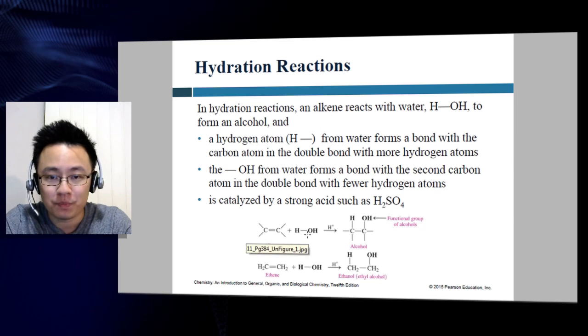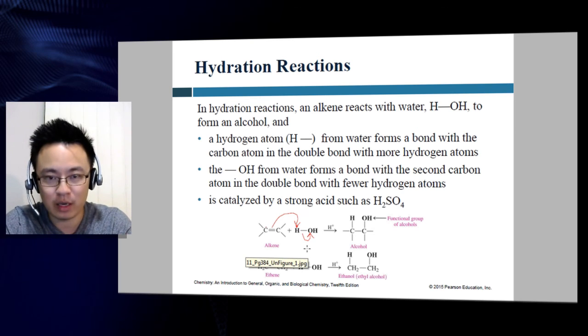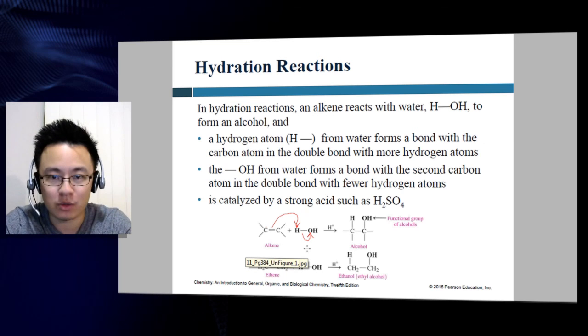So here we go. As you can see here, in the presence of water, this double bond, the pi electrons, go ahead and attack this partial positive hydrogen, dunking those covalently bonded electrons onto that hydroxyl group, forming a hydroxide ion.